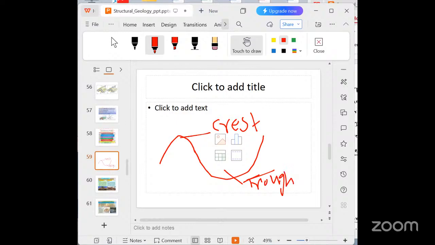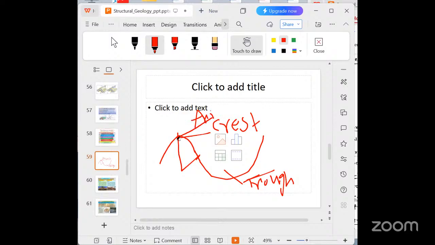Trough, right? So in alternate manner, right? So now elements of folds I already told here. Axial plane. Where is the axial plane? So this one, right? This one is called axial plane.